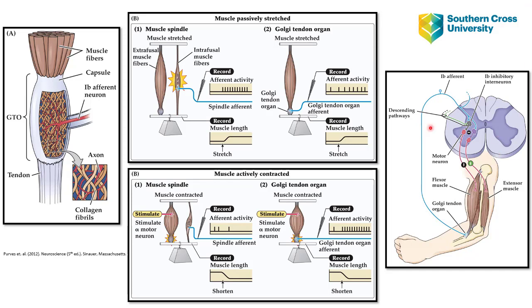It's important to remember that at the level of the spinal cord, the sum of the inputs onto the alpha motor neuron pools is what goes out.